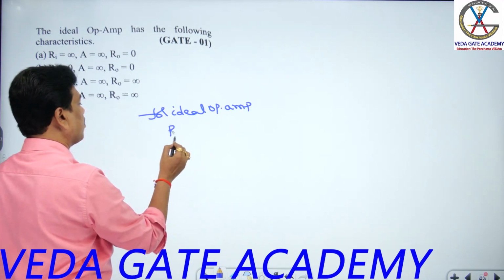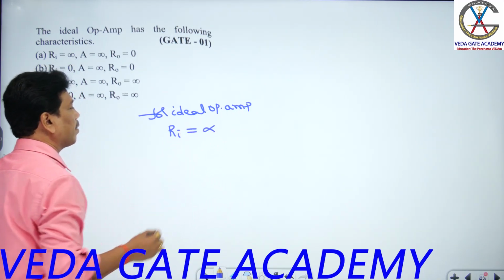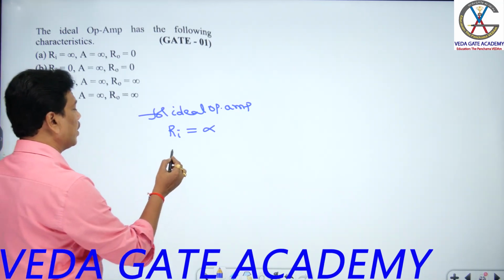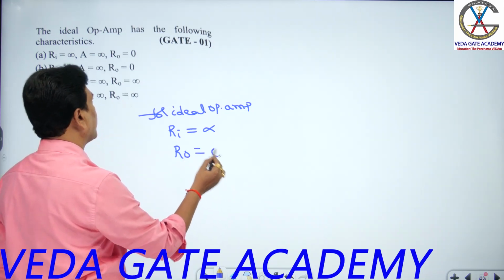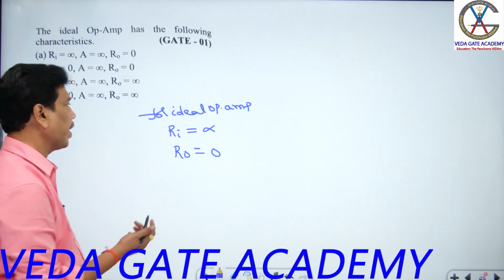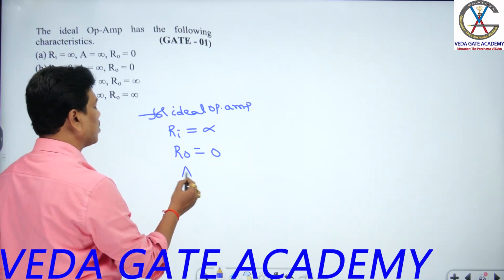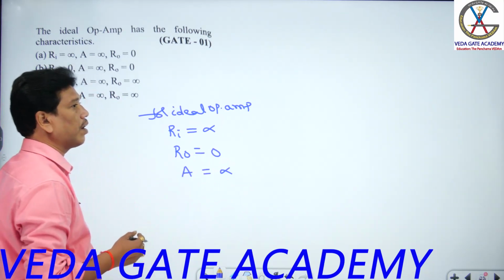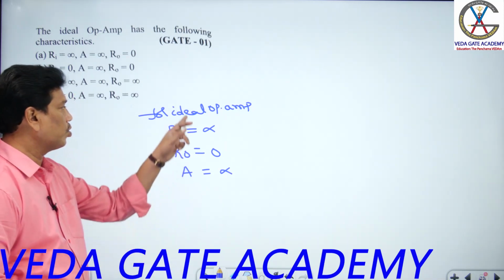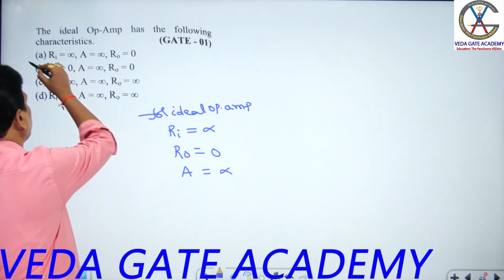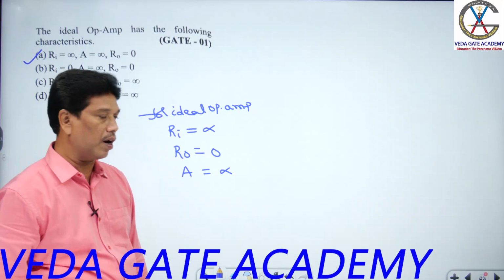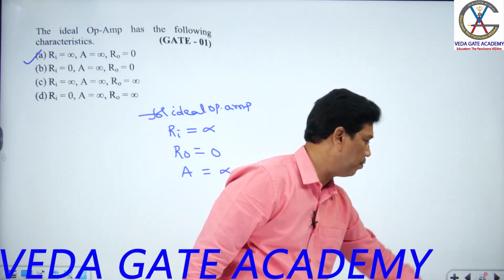Ri tends to infinite, so the input terminals are left open and no current passes through the input terminals. R naught tends to 0, indicating that all the amplified signal is given to the output terminal. Open loop gain A tends to infinity, indicating that the output depends only on the differential condition, not on the common mode condition. So this is the ideal condition. The correct option is A. Got it now, students? Check out the next question now.